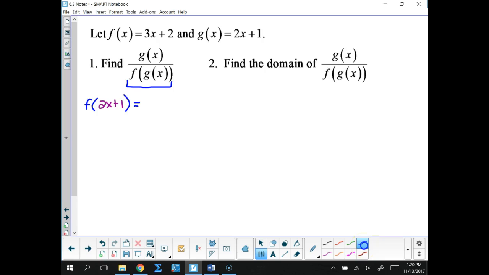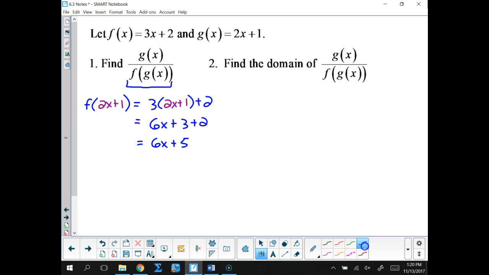So that's going to be 3 times 2x plus 1 plus 2. So that's going to be 6x plus 3 plus 2, which is 6x plus 5. Agree with me on that?